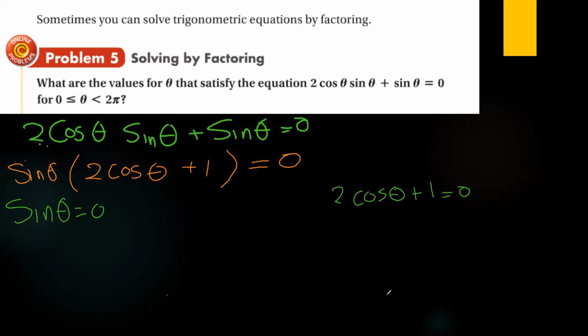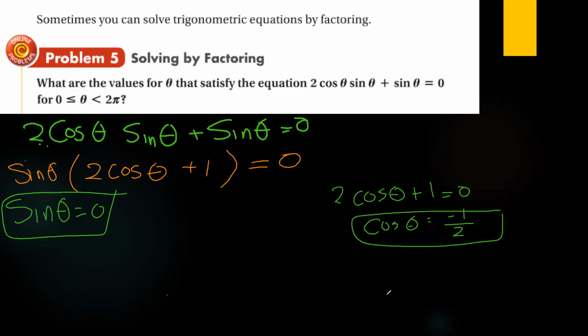Now we have to think about all the angles whose sine is 0 and all the angles whose cosine is negative half. Let's go to the unit circle and see which angles.